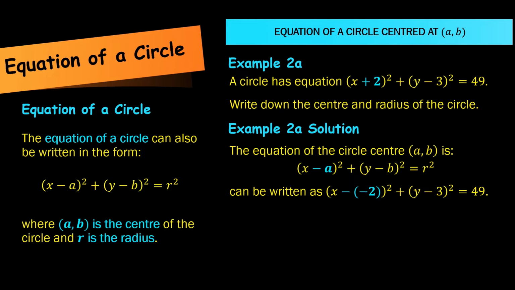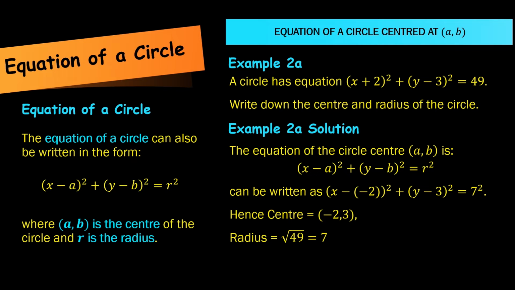Therefore, a is equal to −2 and b is equal to 3. And r squared is equal to 49. So the centre of the circle is (−2, 3). And the radius is 7, which is the square root of 49.